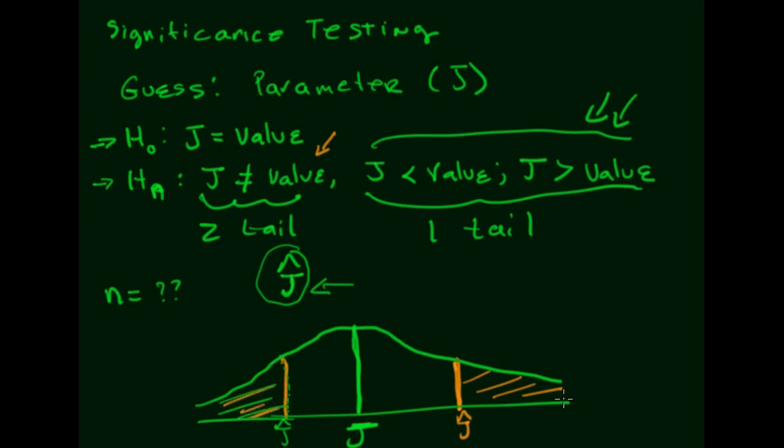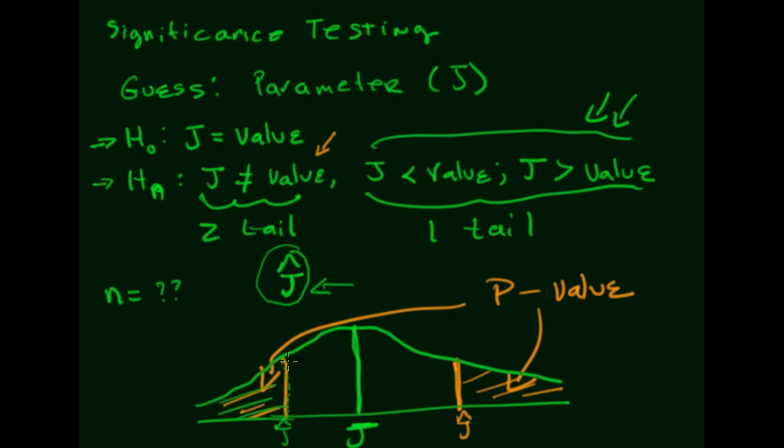So we're going to put some meat on this, and we're going to get something called a p-value. The p-value is the probability that I'm in one of these tails. So it's the probability that if the null hypothesis is true, I would get a sample like the one I got, or something more extreme in the direction of interest.